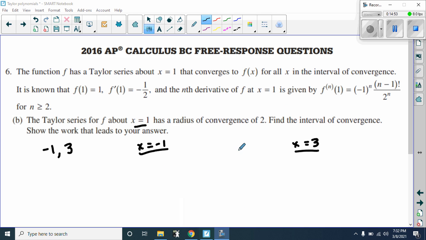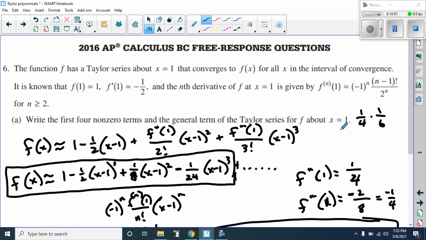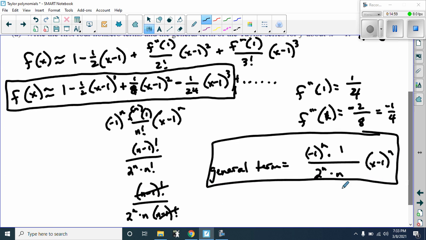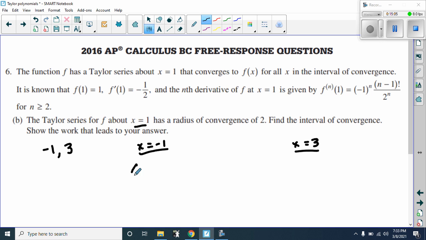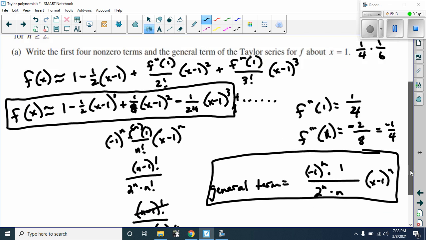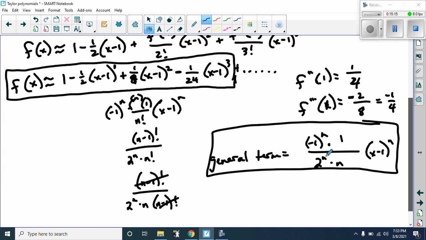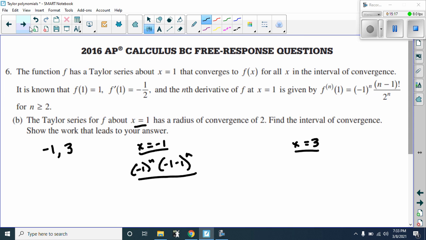So if I plug in negative 1 into our general term here, if x is -1, way down here, we've got -1 to the n times -1 minus 1 to the n divided by 2 to the n times n.